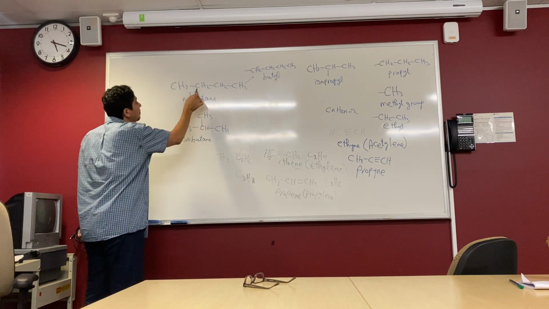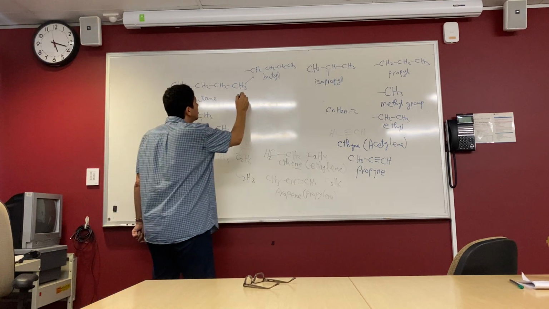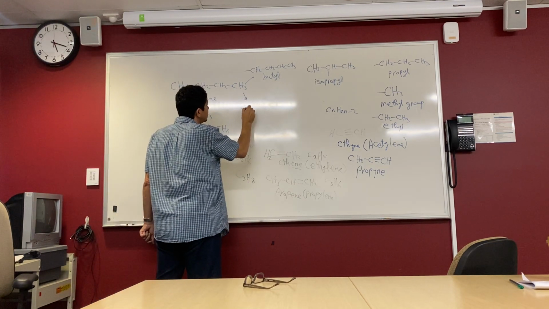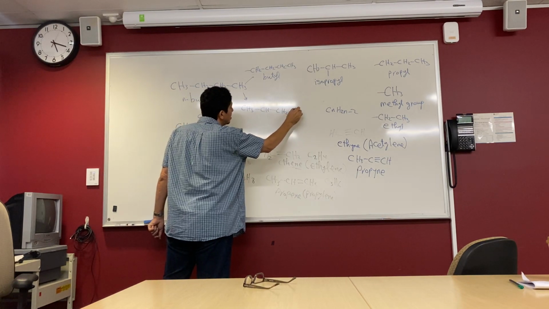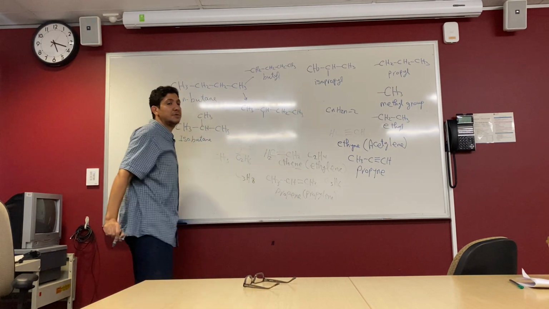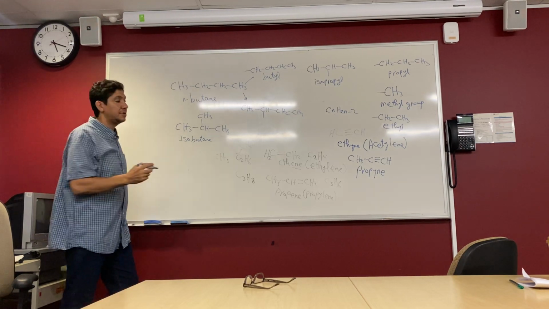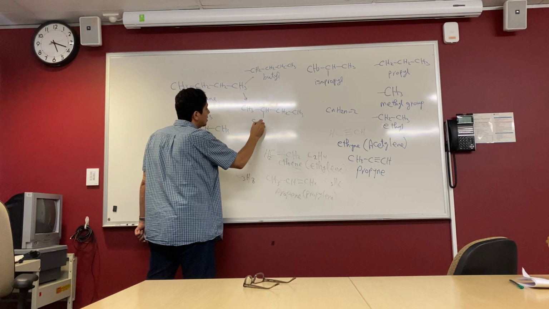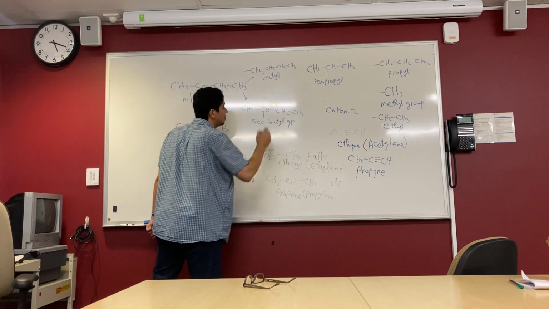But if we take hydrogen from the secondary carbon, what's this called? If it's attached from here, we'll call it secondary butyl group. Secondary butyl group.